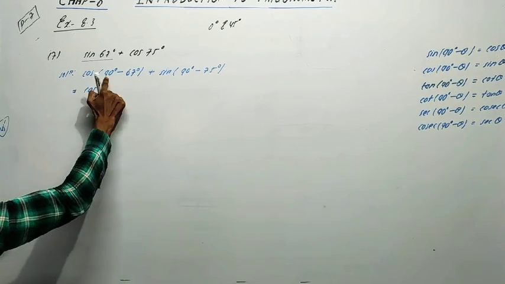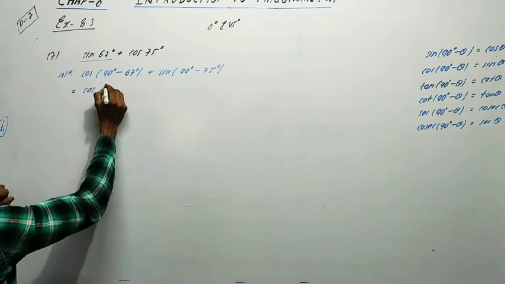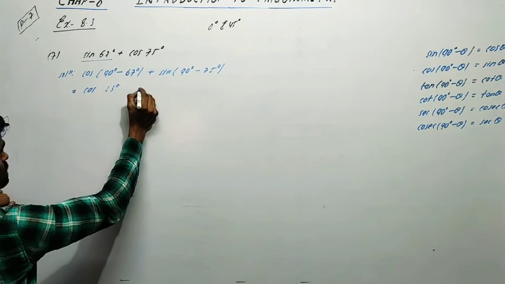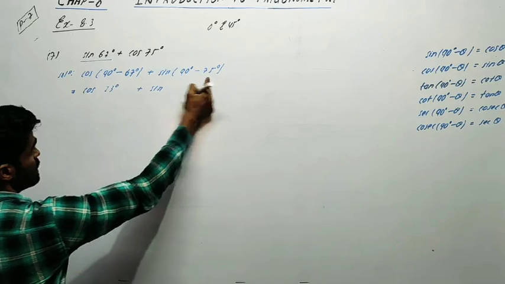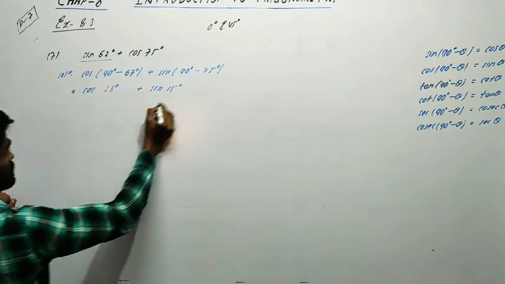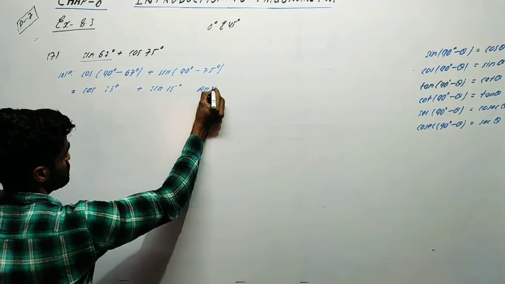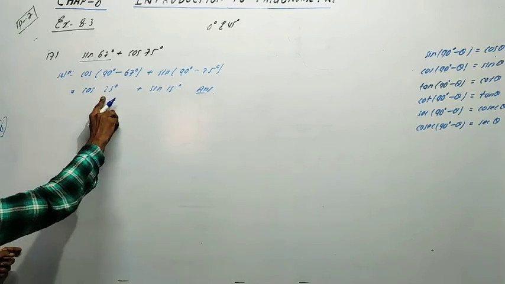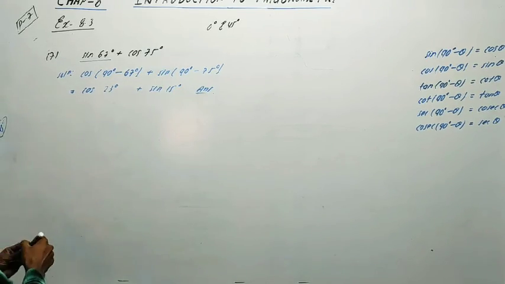So cos (90 degrees minus 67 degrees), 23 degrees, plus sin (90 minus 75), that is 15 degrees, and here is the answer where theta value lies between 0 degrees and 45 degrees.